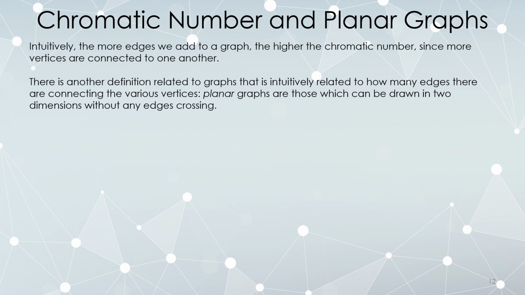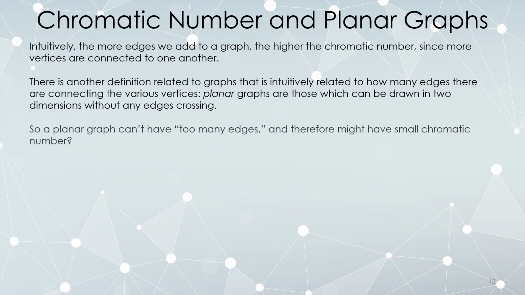In a planar graph, edges aren't allowed to cross, and that is probably easier if there aren't that many edges. So planar graphs and coloring both seem to depend on there not being too many edges. So maybe a planar graph, because it doesn't have too many edges, maybe has a small chromatic number.